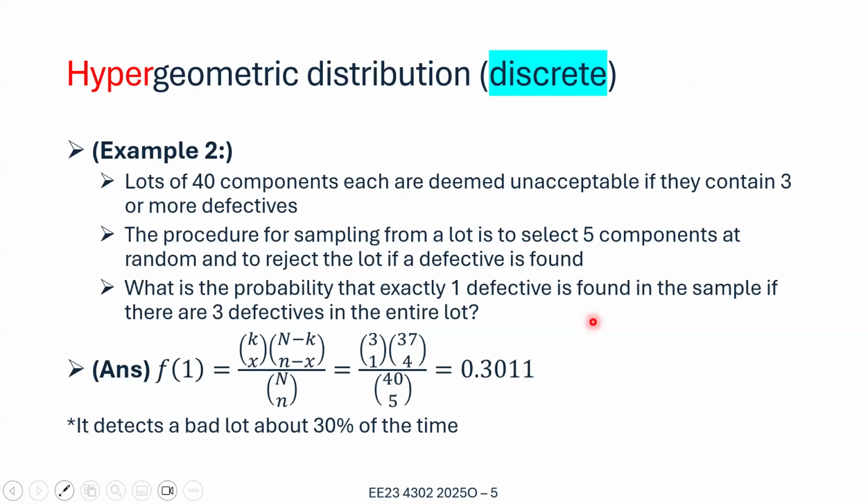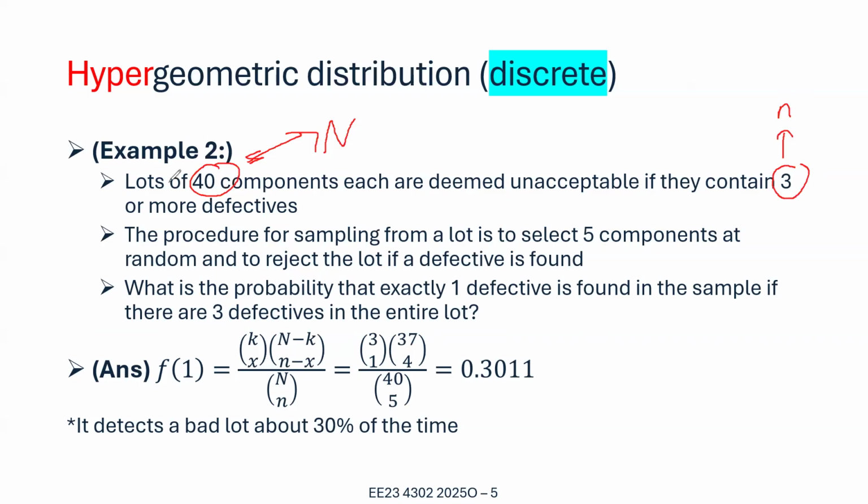We have 40 components which are deemed unacceptable if they contain three or more defectives or broken parts. So we have 40 as the large N, and we have 3 as the number of defectives.